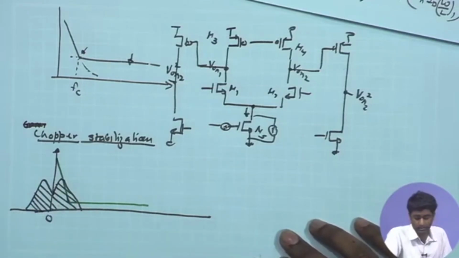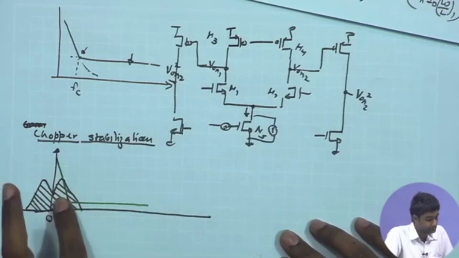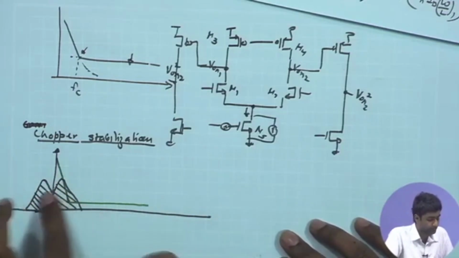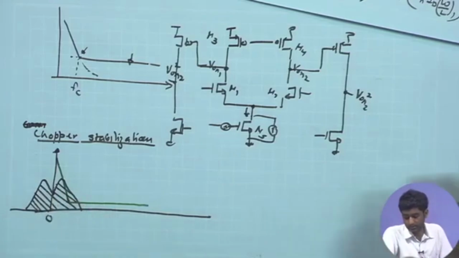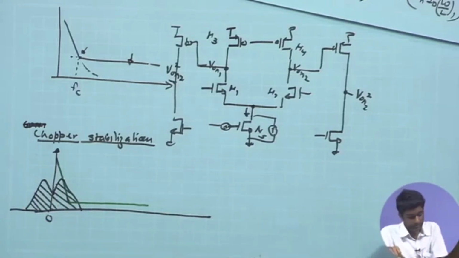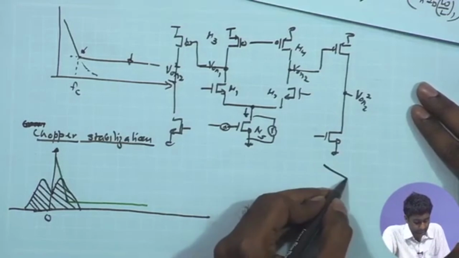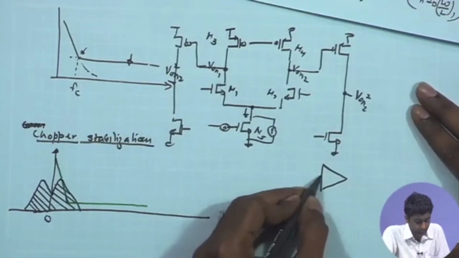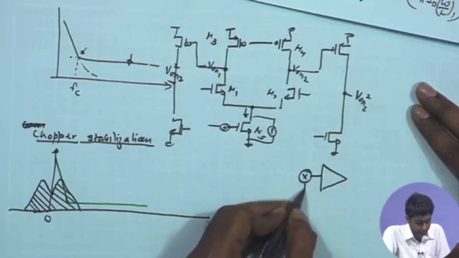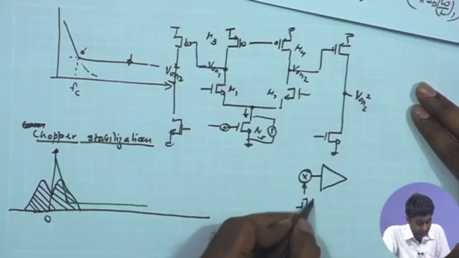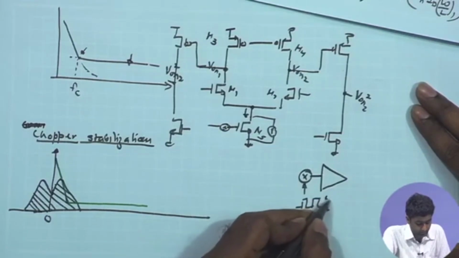To do that, the technique uses chopping, where we multiply the input signal coming to the amplifier with a high frequency clock signal. Schematically, you can represent it as a multiplication operation, where the input signal gets multiplied by plus minus 1.